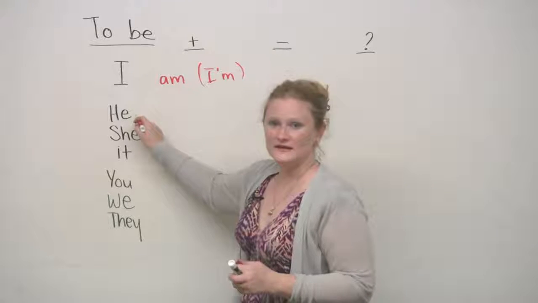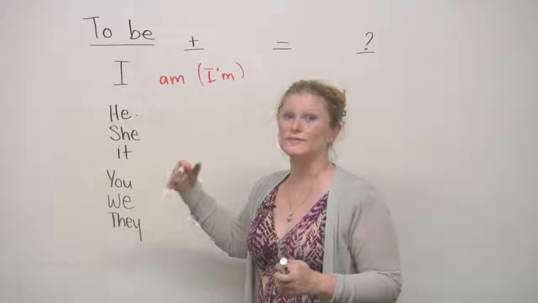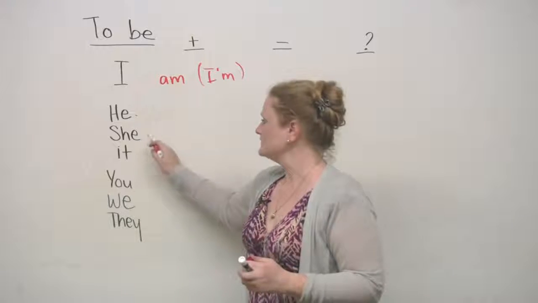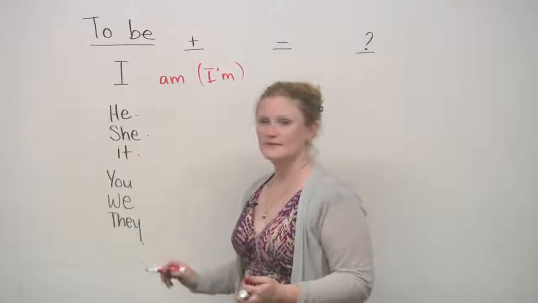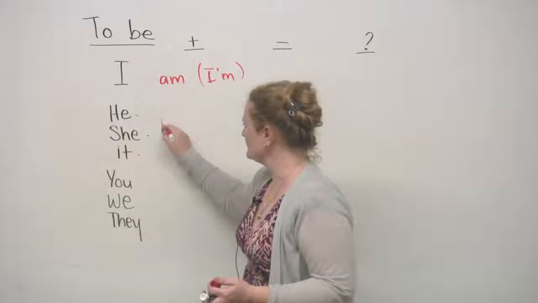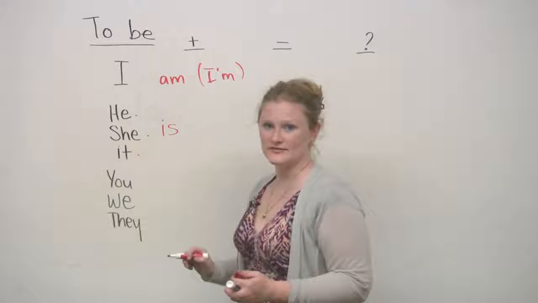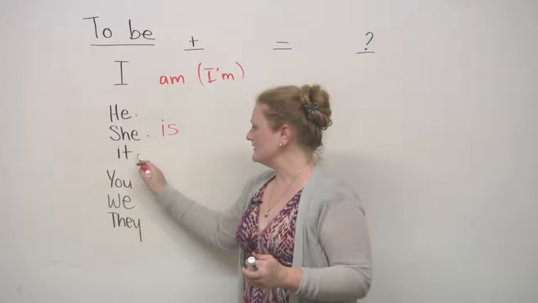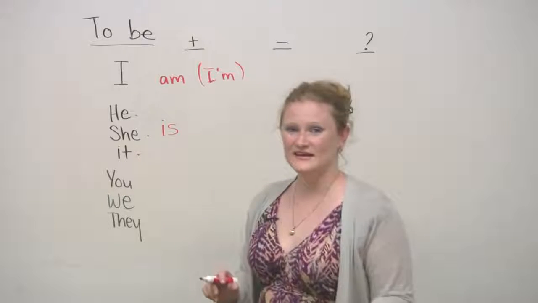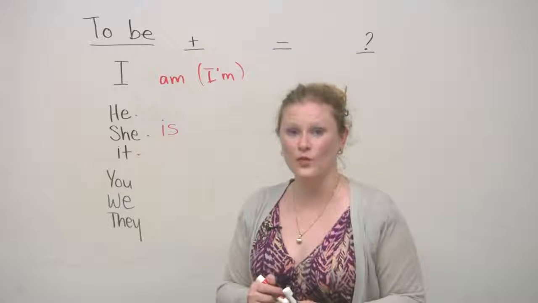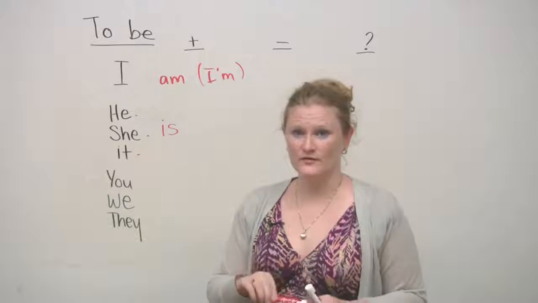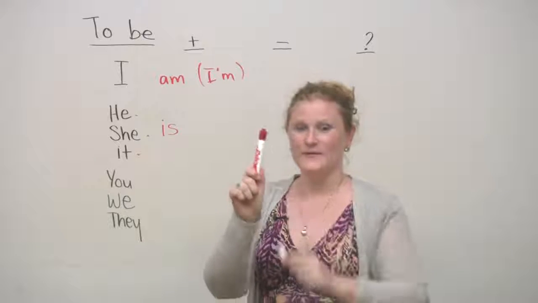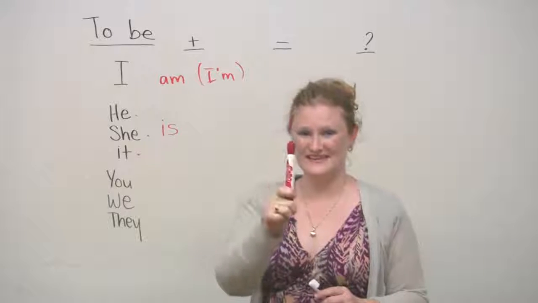With he, and this is a man or a boy, she, who's a girl or a woman, and it, we have to use is. Now, it is a singular noun, so that means one of something that is not a person. For example, my marker, I can say it.